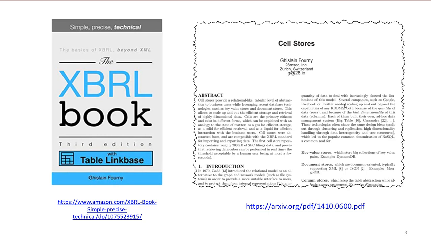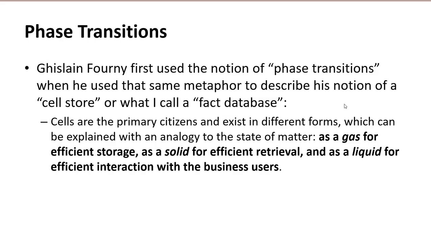And it's in that paper that he came up with the metaphor or the analogy of XBRL facts transitioning between the different states of matter: gas for efficient storage, solid for efficient retrieval, and liquid for efficient interaction with business users.